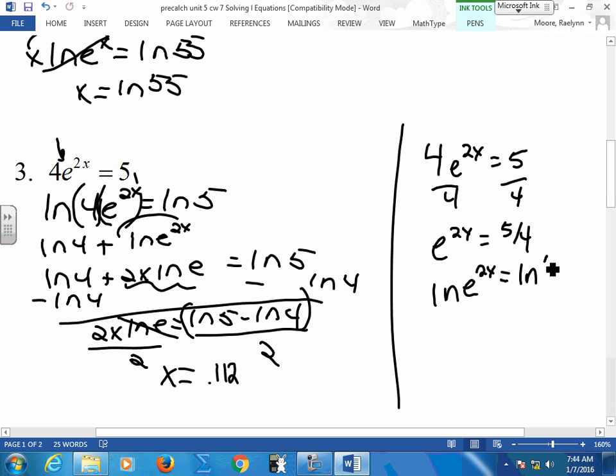If you want to keep it 5/4, I would not at this point do ln 5 minus ln 4, because that's what you're trying to avoid. I would just leave this 5/4. That's fine because there's no variable in that number. So then, again, 2x is equal to ln, and then divide by 2. Okay. So either way you want to do that, make sure you isolate your variable first.